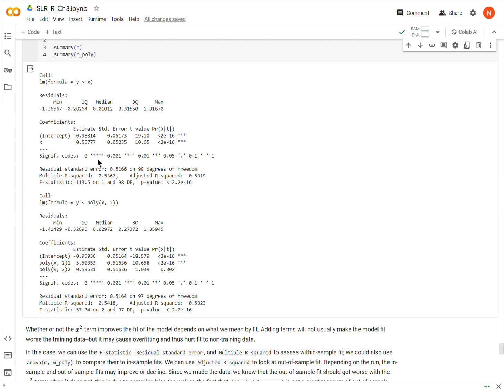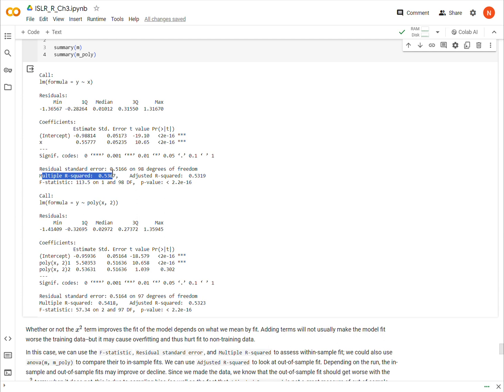Well, if we were looking at in-sample data, the things that we would use just in these printouts would be things like residual error. Okay, there's residual error. Right? And we notice it's slightly lower in the second model, which we tend to expect, right? Because we have more terms here that can fit the data. Okay. So on the training data, the second one so far seems to be performing better than the first one.